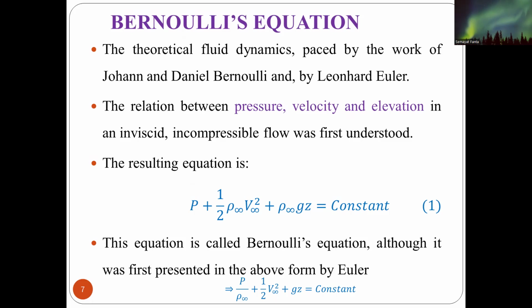Now let's start to develop the Bernoulli equation. Theoretical fluid dynamics was advanced by the work of John and Daniel Bernoulli, and they proposed the relation between pressure, velocity, and elevation, which is represented with the first equation, P plus half rho V squared plus rho g z, which is constant. That is the well-known Bernoulli equation.